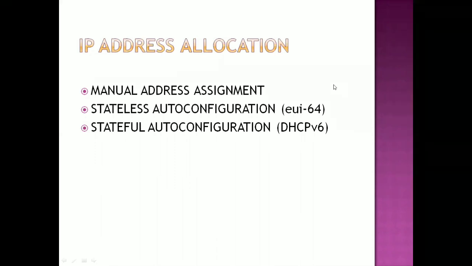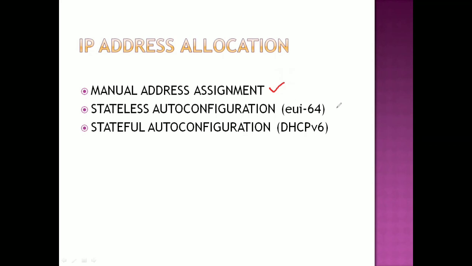So the IP address allocation is done by three different methods in IPv6. The first method for allocating an IP address to a particular PC, but you can also assign to any router interface also, is the manual address assignment. In the manual address assignment, you basically type the command or you just statically configure the IPv6 address.